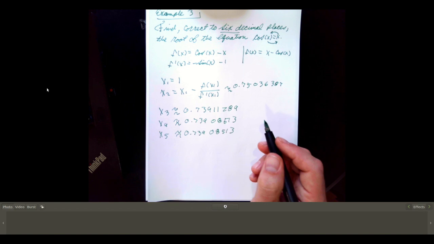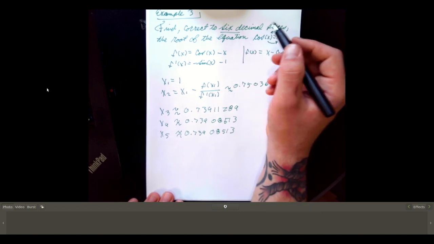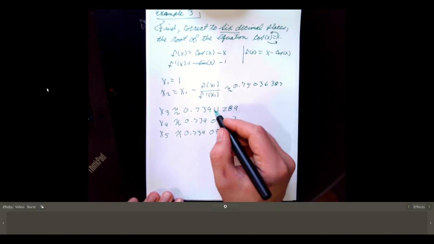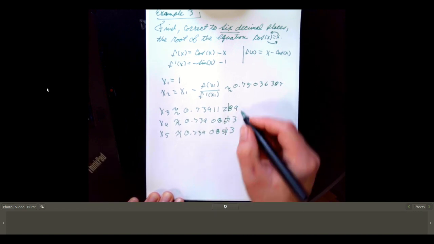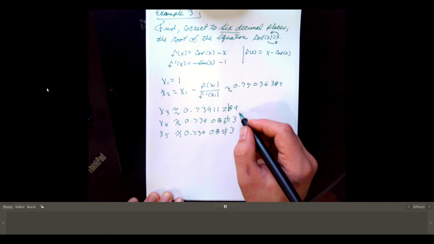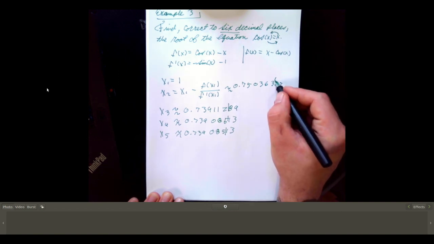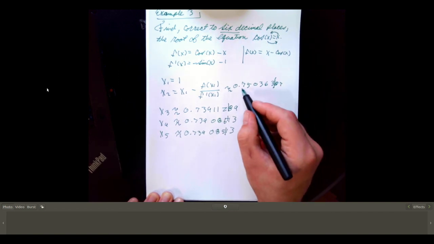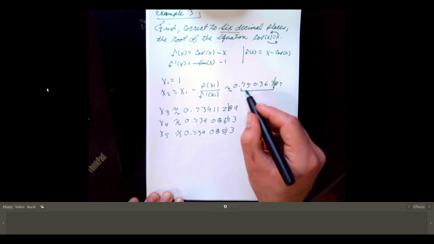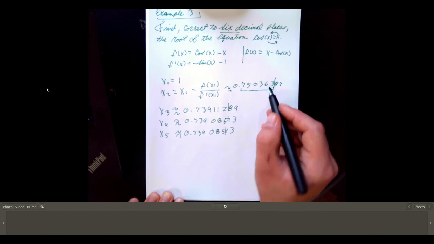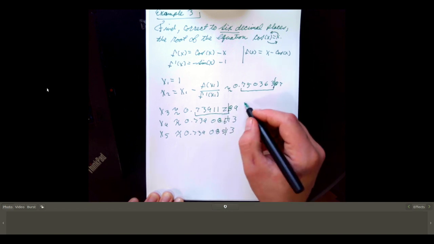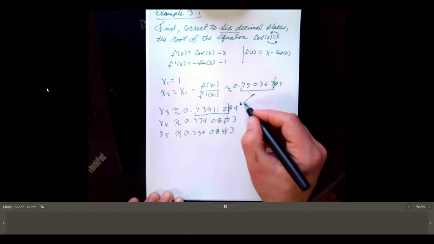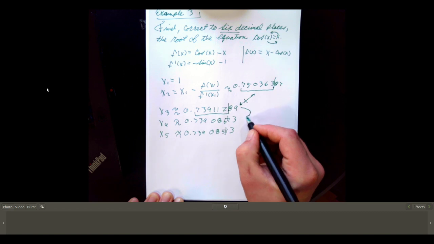It says out to 6 decimal places: 1, 2, 3, 4, 5, 6. This is our 6th decimal place right here. At x2, you compare the first 6 digits: 750363 versus 739112. These did not match, so you turn the crank again.